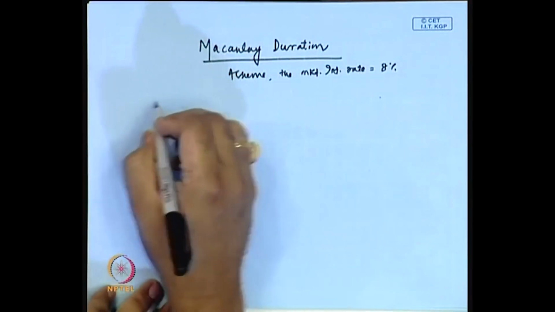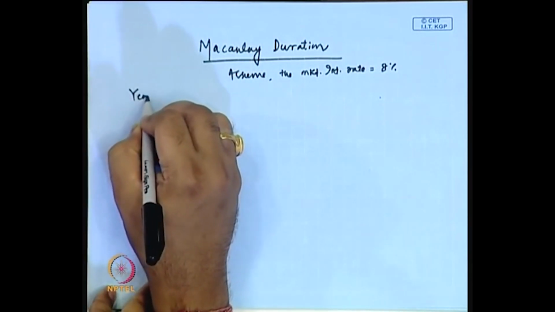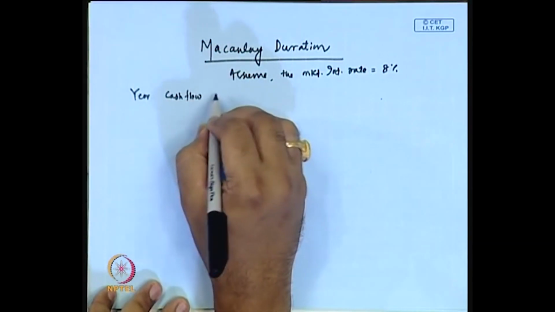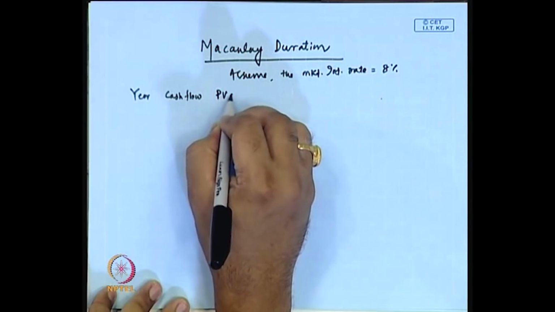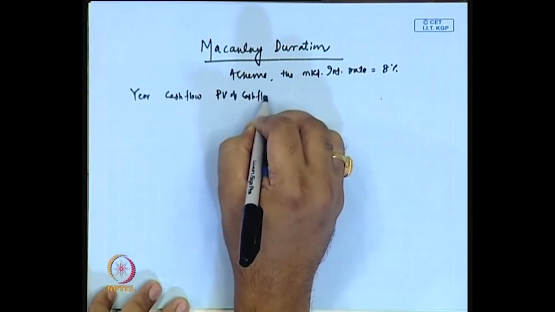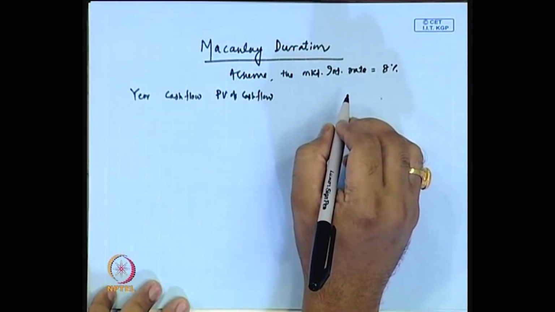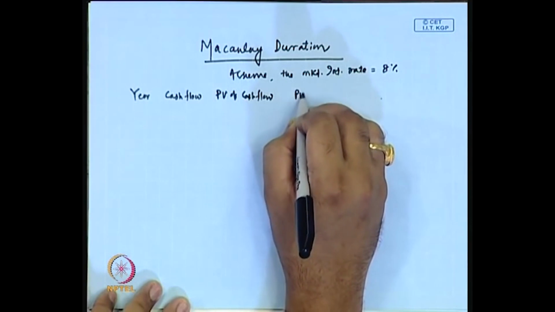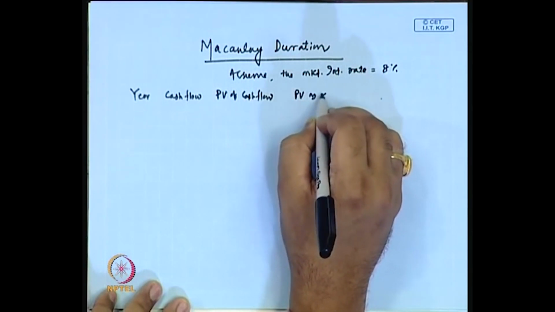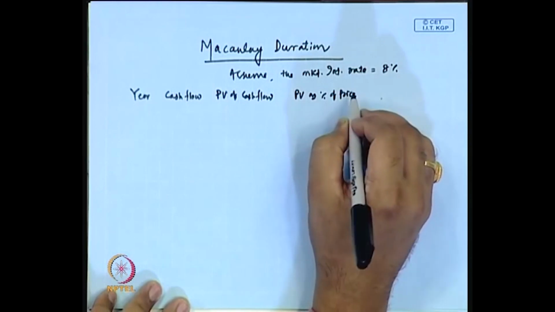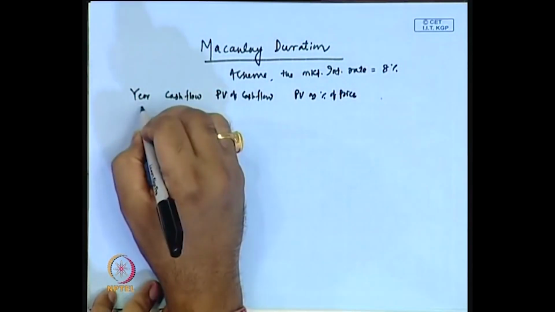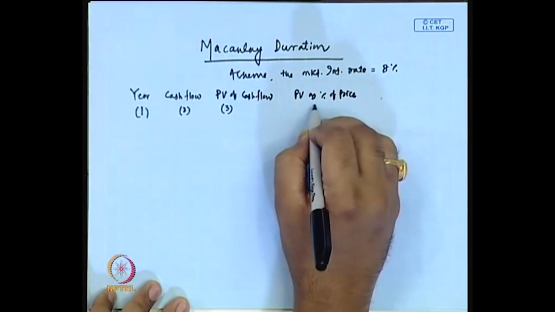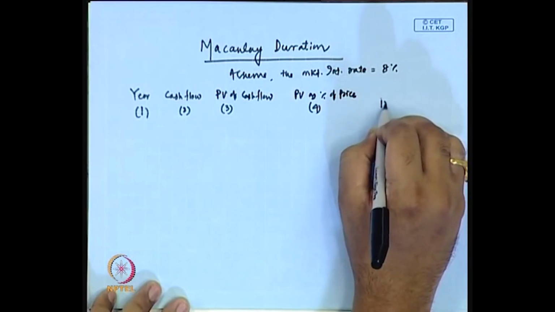Let this be your year, this is your cash flow, this is your present value of the cash flow, and this is your present value as a percentage of the price of the bond. Here this is column 1, this is 2, this is 3, this is the 4th column, this will be your 1 into 4.